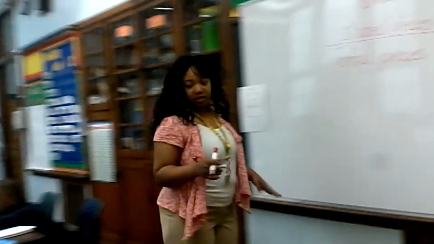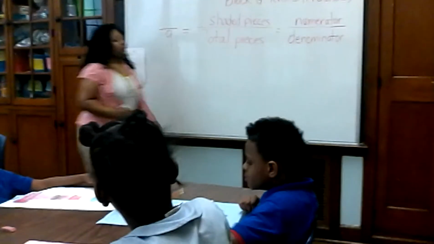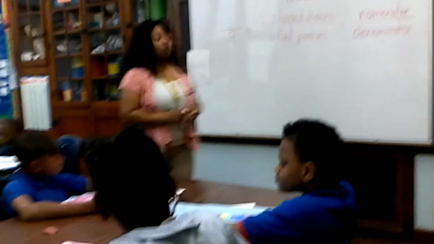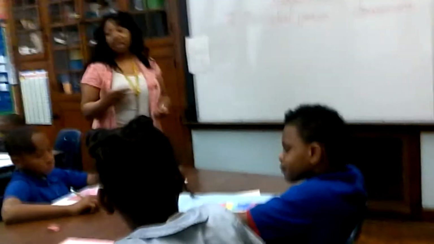So in this case, our total pieces for our fraction Sunday is 9. That's our denominator, okay? So in this case, everything is going to be over 9. Or when we use our ordinal numbers, we'll say ninths when we're talking about our fractions.